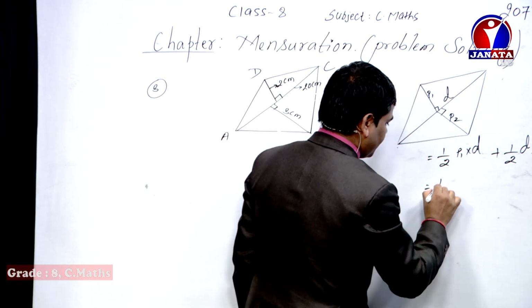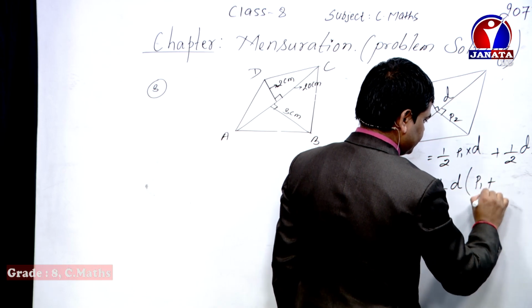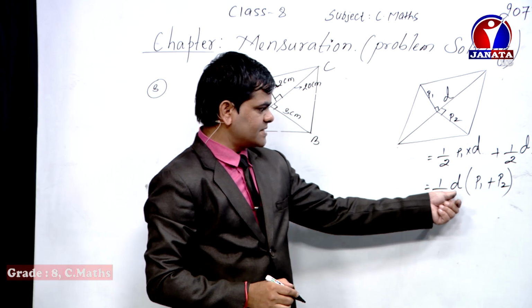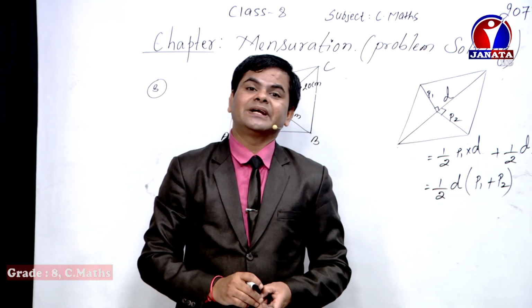So when we take common 1 by 2, D became common, and after that P1 plus P2, where D represents the diagonal of the quadrilateral and P1 and P2 represent the first perpendicular line and second perpendicular line.